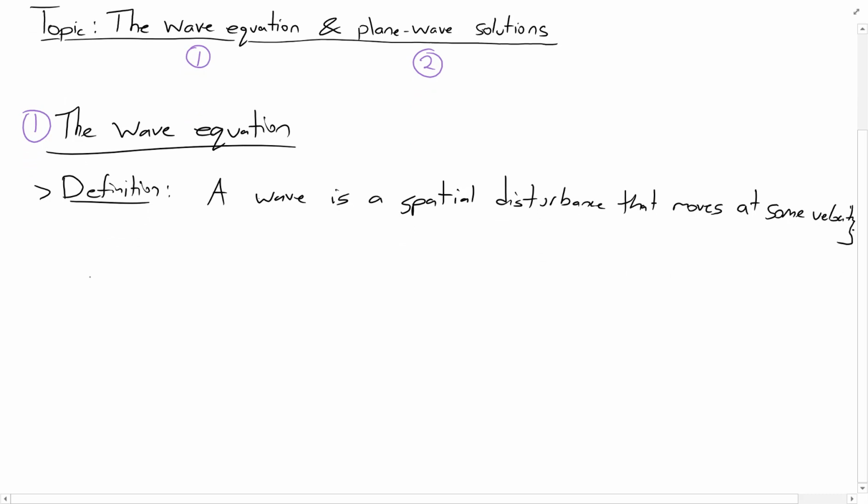This can be shown visually on a graph here. It's just some function f for a wave moving along a spatial domain such as z.